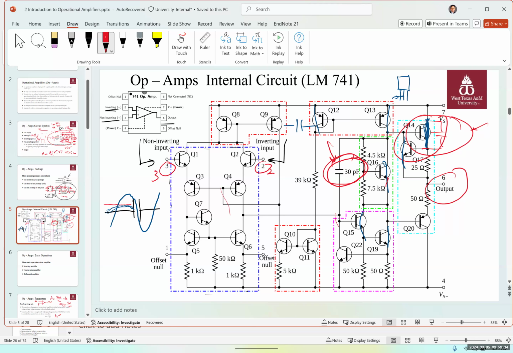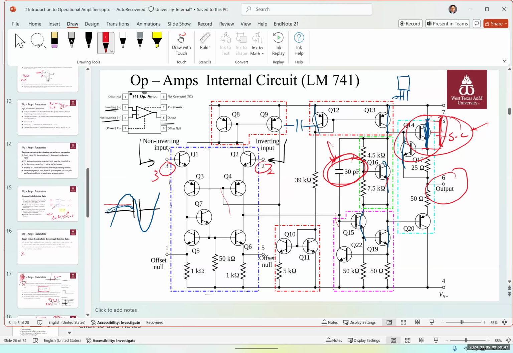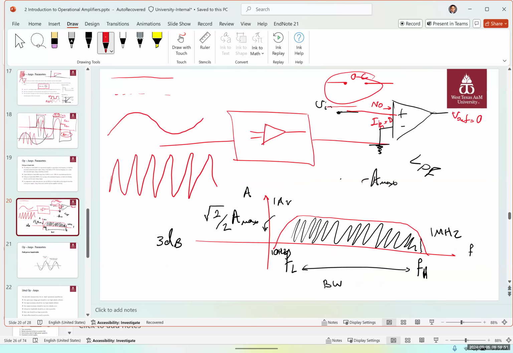And with very high frequencies, these become short circuit and they completely short circuit the op amp, and the op amp becomes useless. So lower cutoff frequency, you can change it. We have power over it. Higher cutoff frequency, because it's the internal structure, you can't change the internal structure of an op amp. Usually, we don't have control over it. You have to change the op amp entirely.